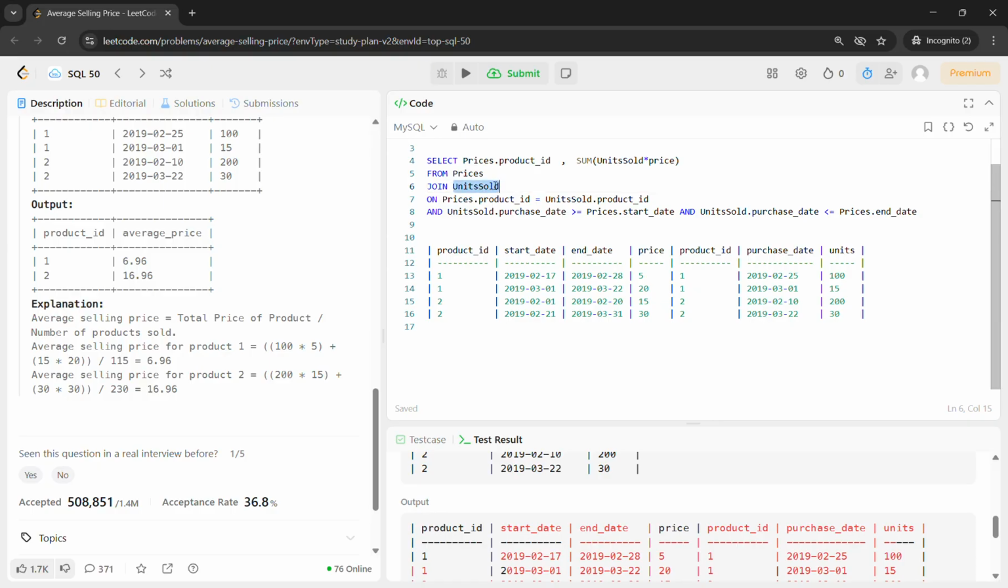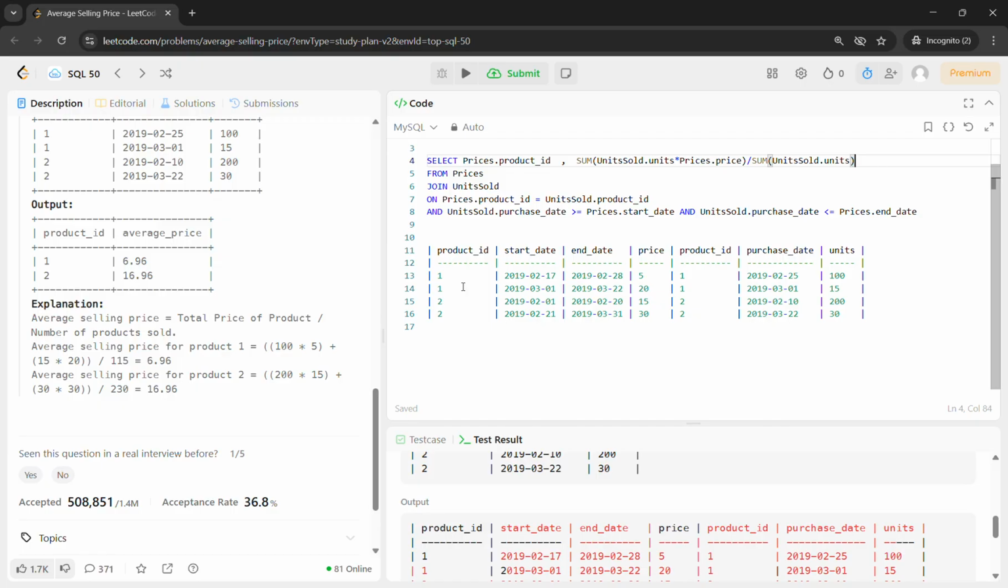Units I will get from unit sold, so it will become unit sold dot, sorry, column name is units, unit sold dot units multiplied by prices dot price. This will give me the sum, and I have to divide it by the sum of units sold, right? Sum of units sold.